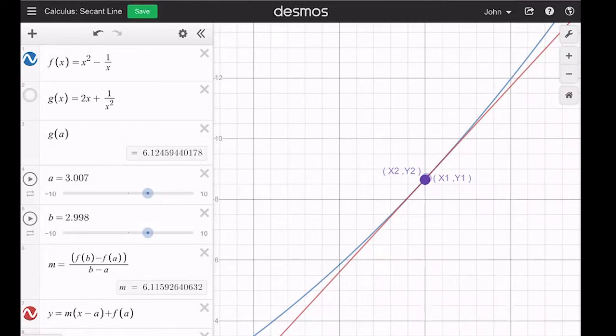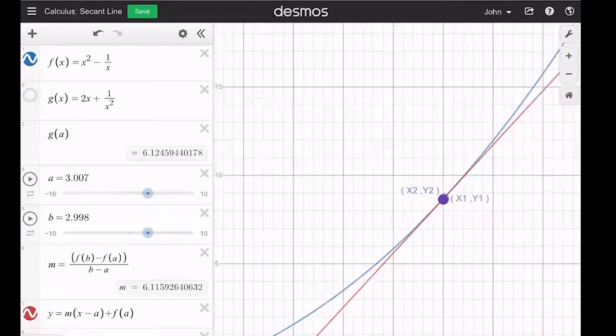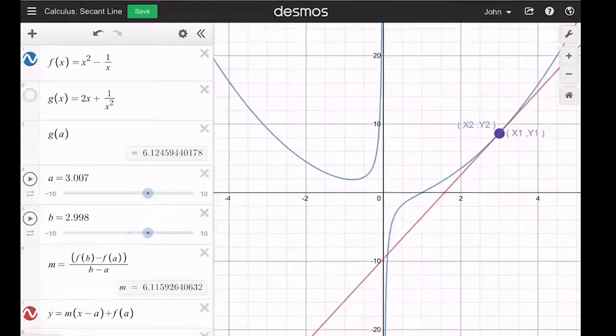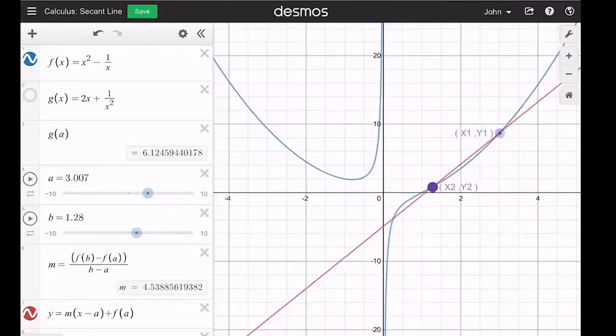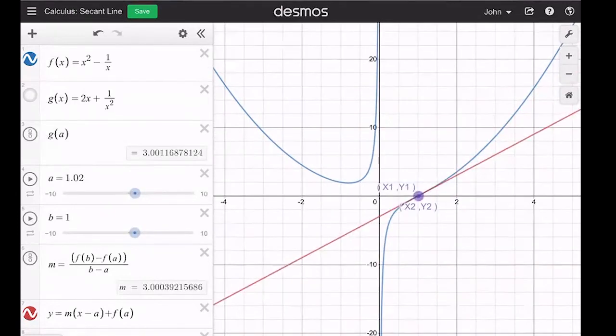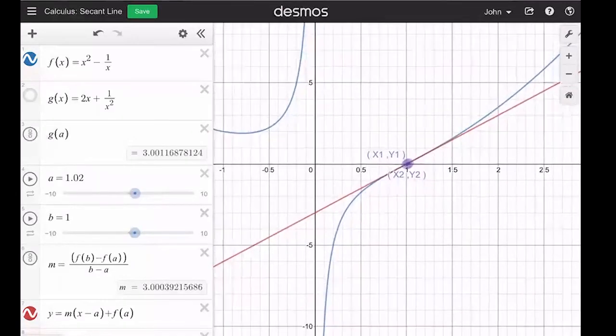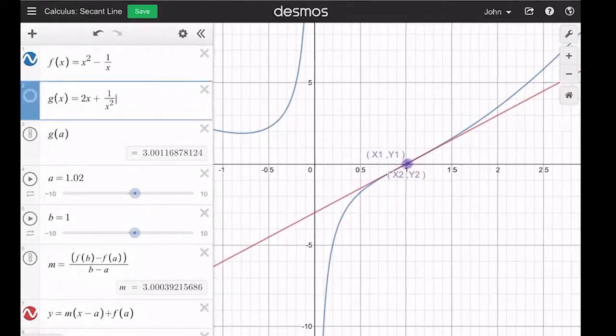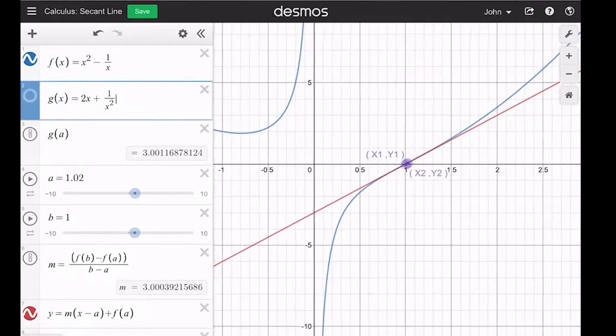And so that formula is a nice little formula. You just plug in a equals 3 and you get the slope. Let's do one more. What if we drag a down to be around 1? In that case, you can see it tells us exactly what the slope is. If I plug in 1 for this g of x formula, I get 3.